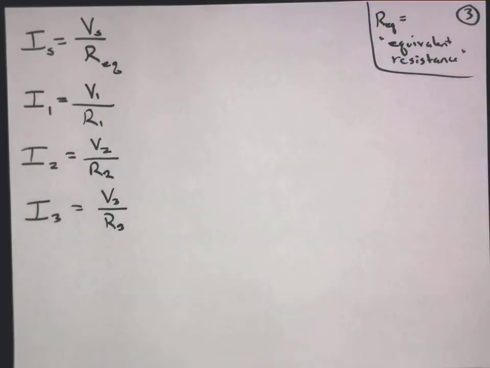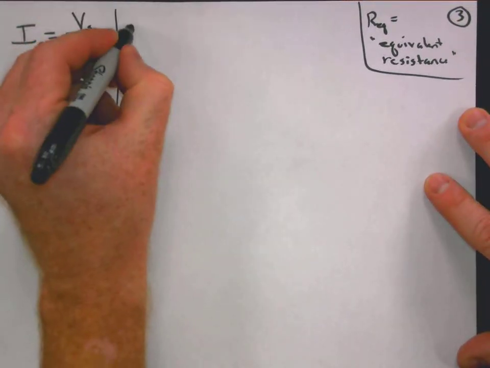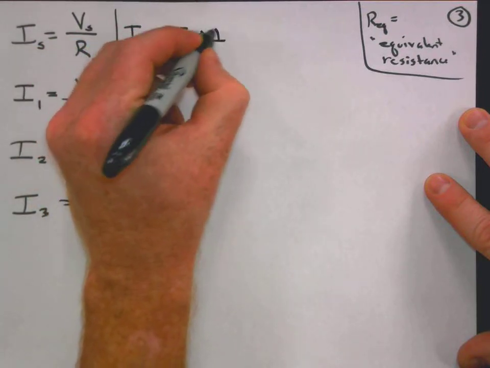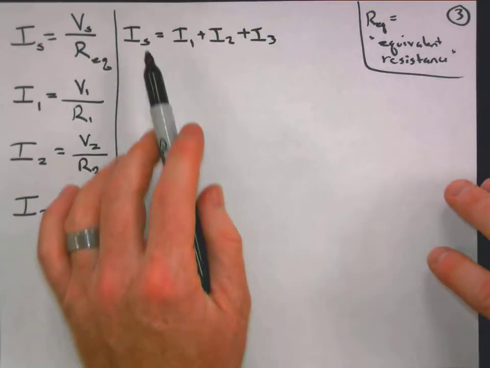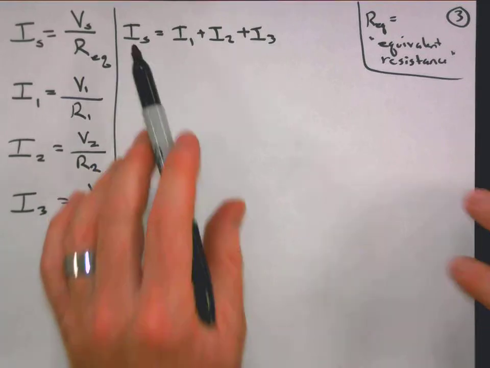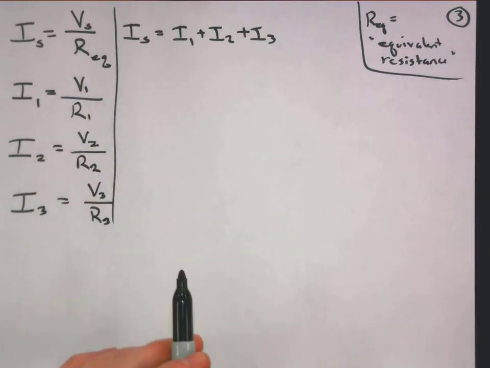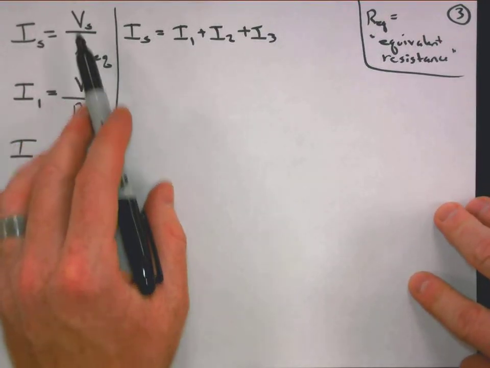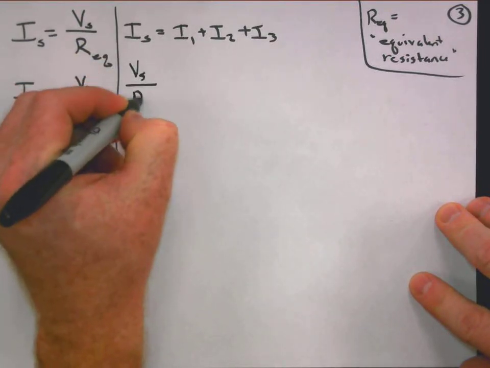Back here. So let me rewrite this just so it looks like we're starting from the beginning. And I'll stop at 3. But instead of the total current, I can say that total current is equal to voltage of the source divided by equivalent resistance.